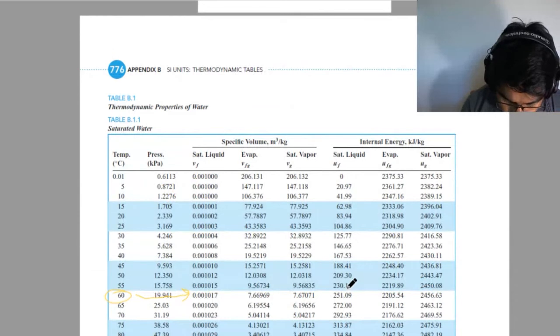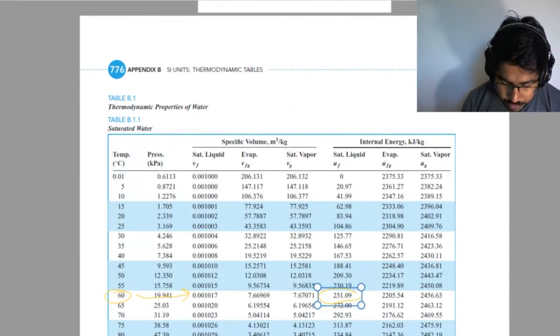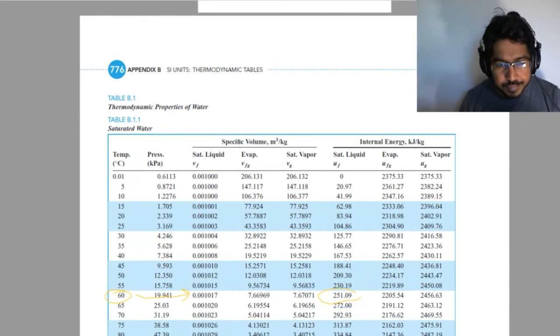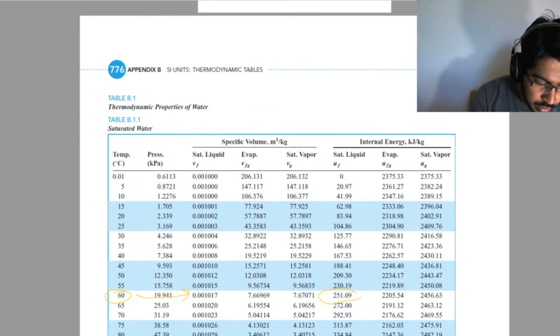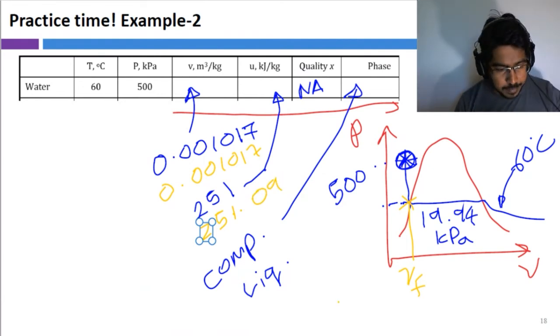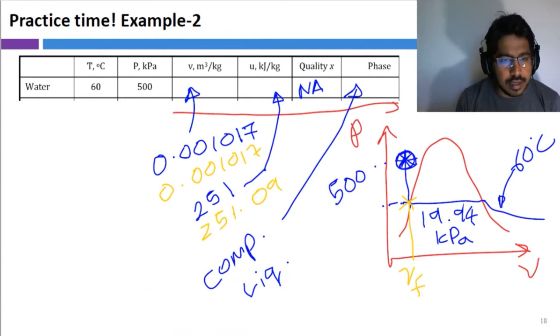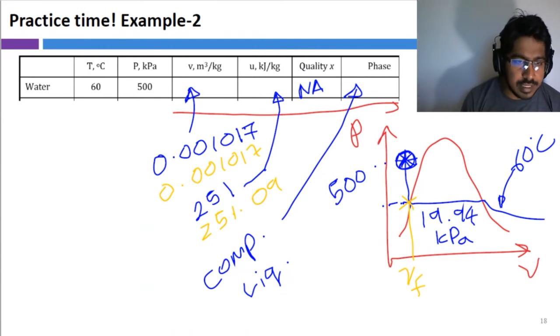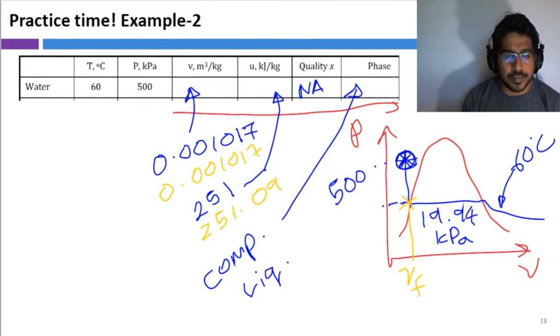For internal energy, Uf, similar to specific volume, we pick Uf. It is going to be 251.09. Can you see the difference? Can you see how close these two parameters are?